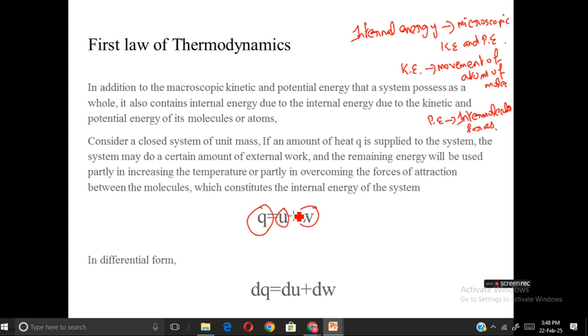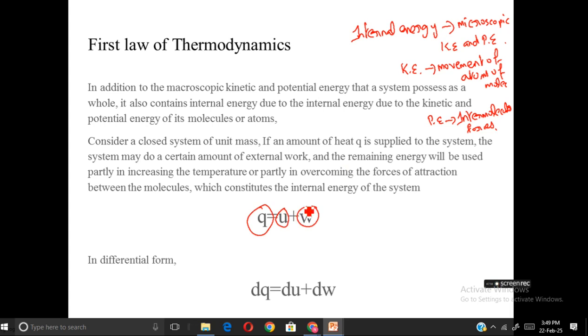So if you supply a heat Q to a system, a part of it will be used to do external work, and a part of it will be used in changing the internal energy of the system.